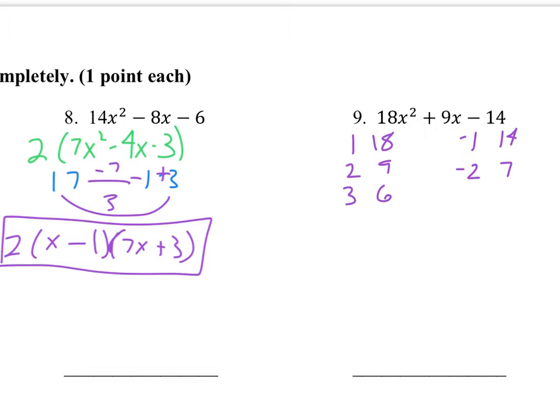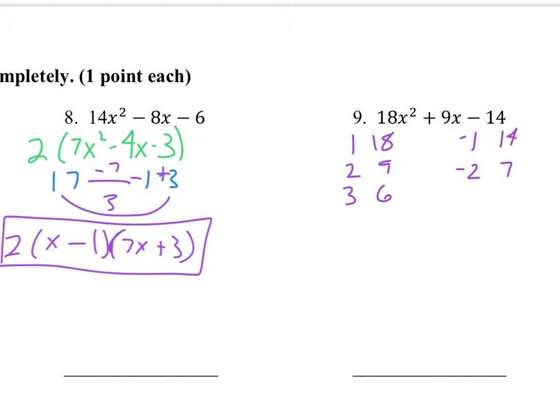Now there are quite a few different combinations here, but remember, we're looking for only a difference of 9, so some estimation can go a long way here. And typically in that kind of situation, if it's going to be a 1 and a 14, that would be kind of a unique thing. In this case, it does not turn out to be the 1 and the 14. It turns out to be the 2 and the 7.